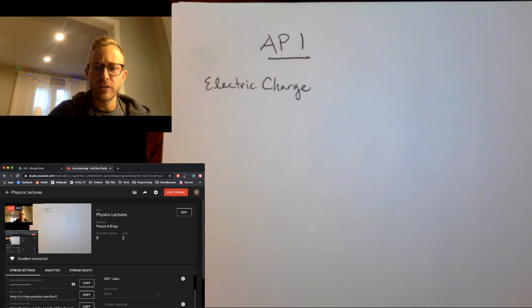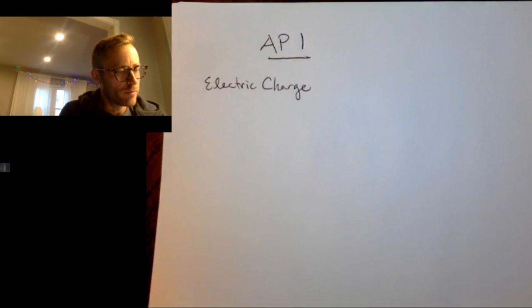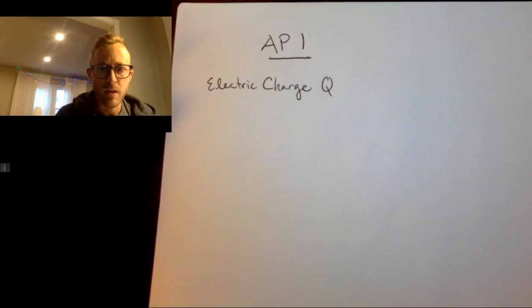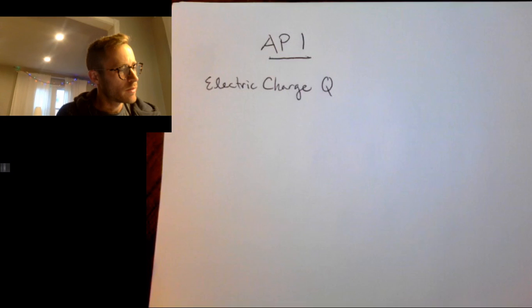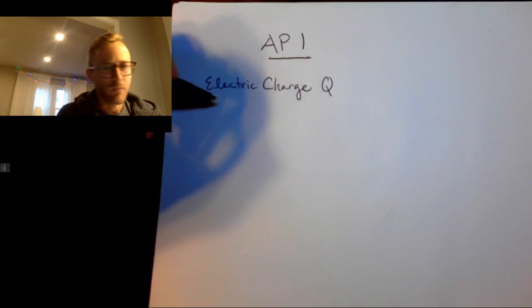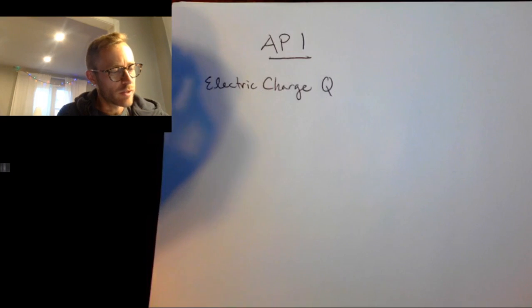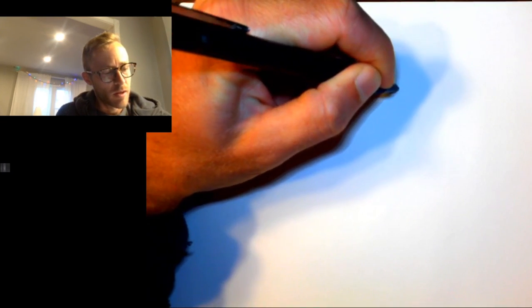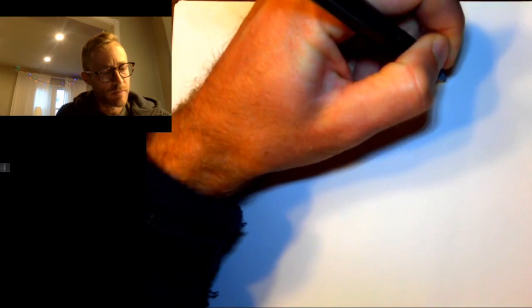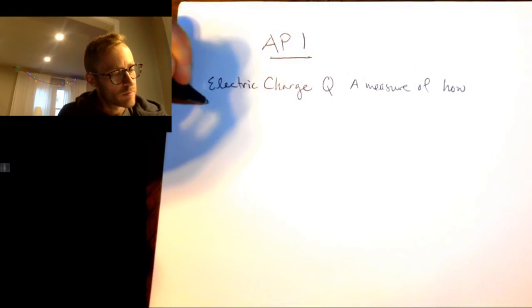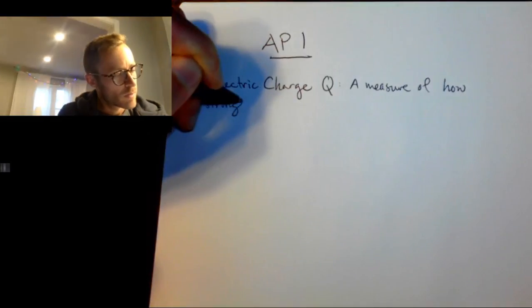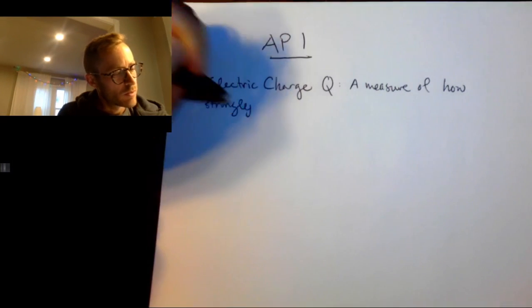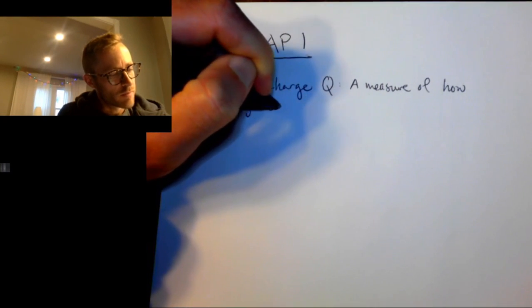Electric charge is denoted by Q, and it's basically a measure of how strongly something interacts electrically.